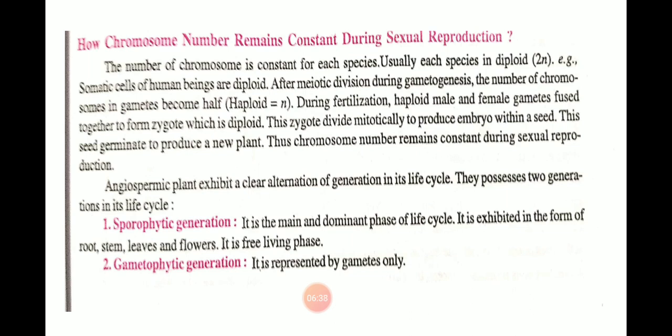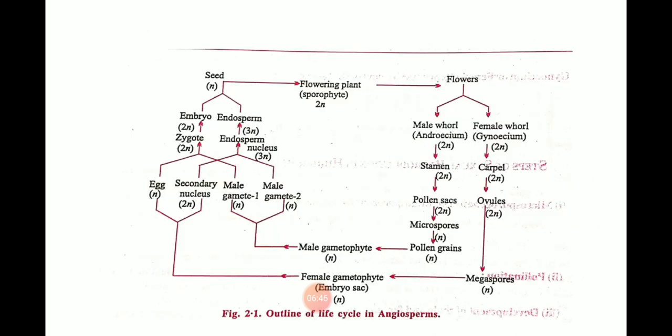Here we go with the slide, in the coming slide, showing the life cycle of angiosperm. A flowering plant, when it is in sporophytic stage, is diploid, that is 2n.